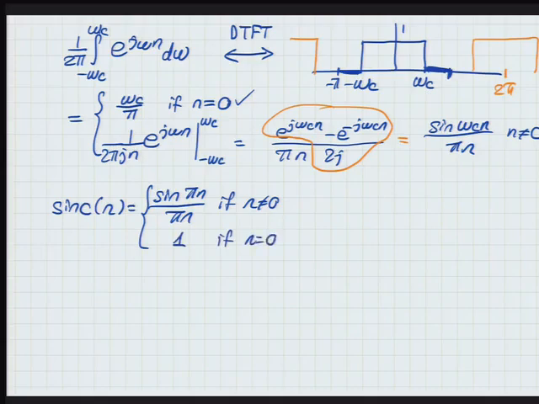If you don't want to write these braces every time, with an exception for n equal to 0, we can use sinc. So let's write this whole thing as a sinc. How do you write this as a sinc?